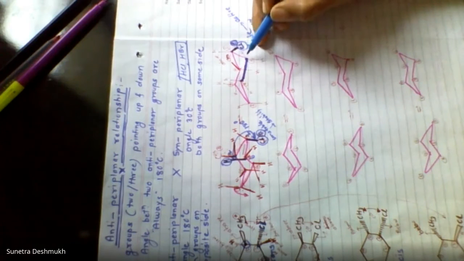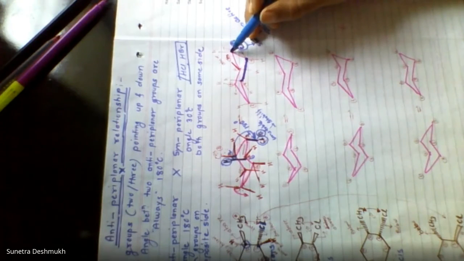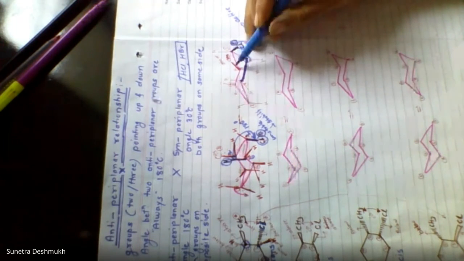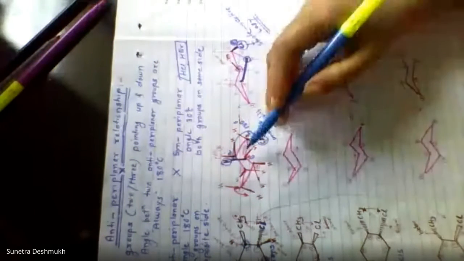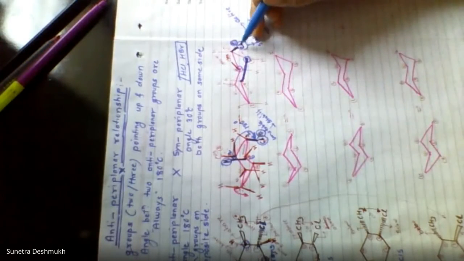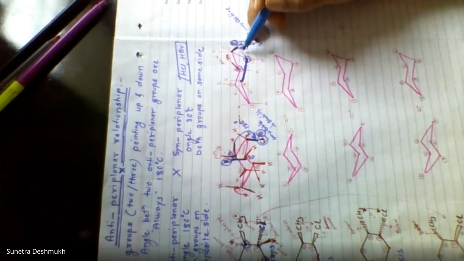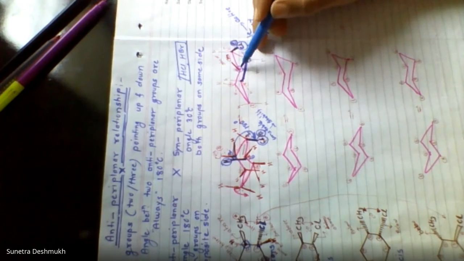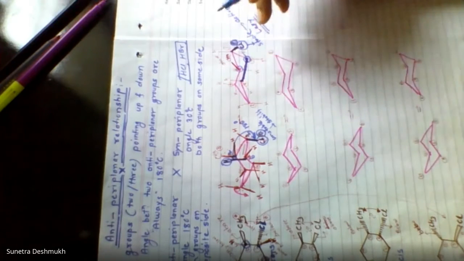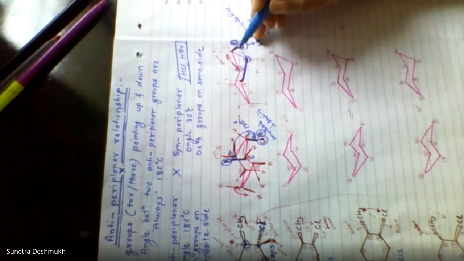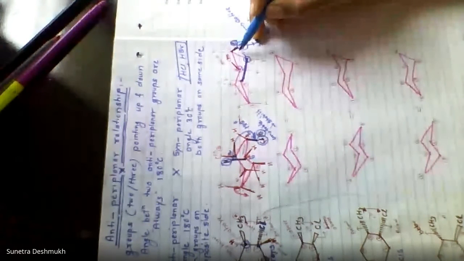So you can ask me now, if this is equatorial, can't we eliminate the equatorial hydrogen atom? On the first carbon we always consider the sixth and second positions. Here also we consider the sixth and second positions. So maybe you can say, can't we remove this hydrogen?